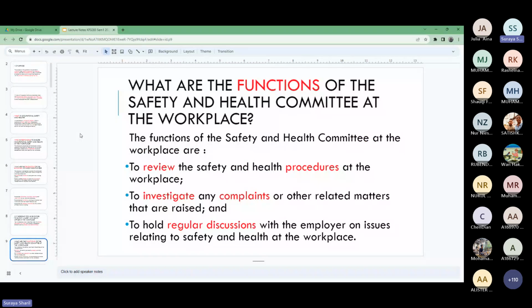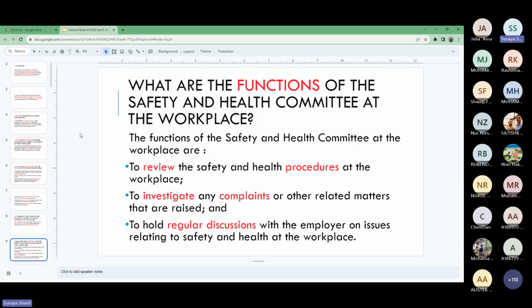So next, what are the functions of the safety and health committee at the workplace? The functions of the safety and health committee are: one, to review the procedure of health and safety, and second, to investigate any complaint.